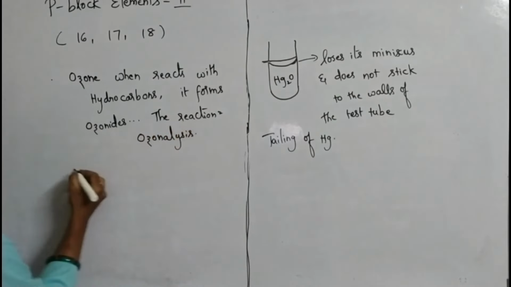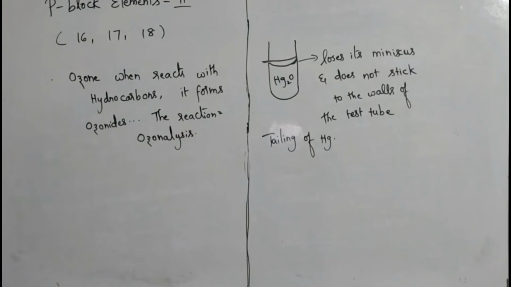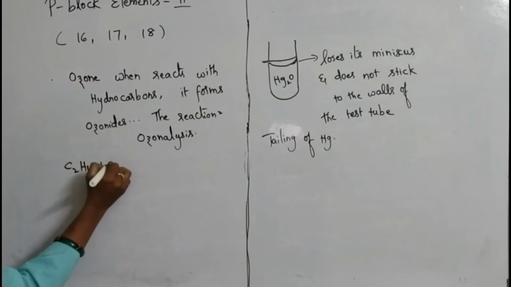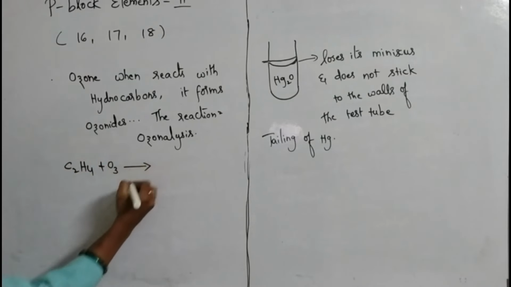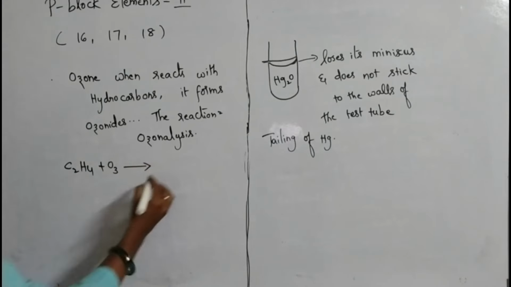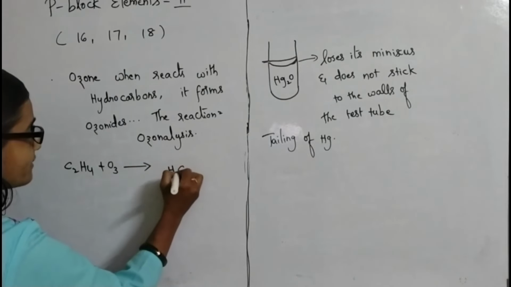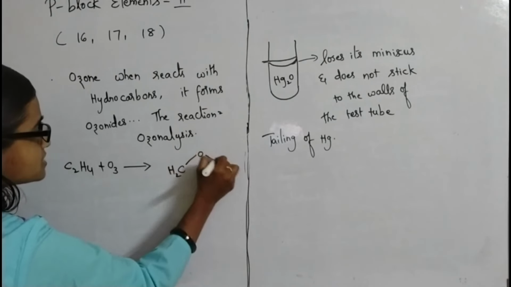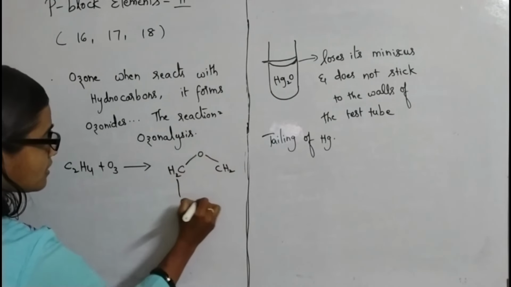So you take any hydrocarbon here. If you take C2H4, ethene, and it reacts with ozone, it forms ethylene ozonide, with CH2 and oxygen.